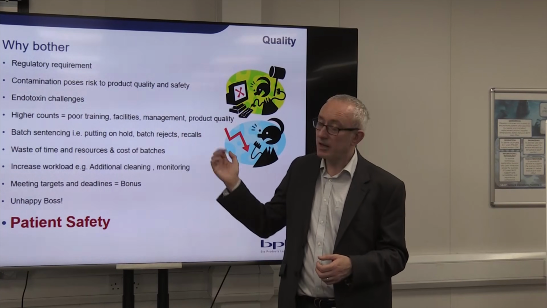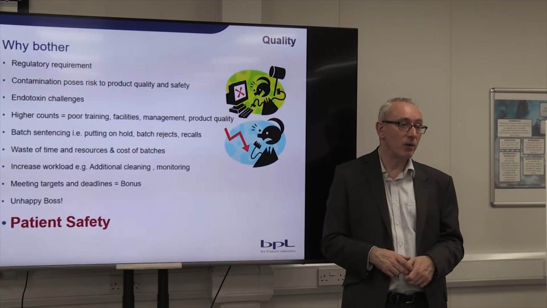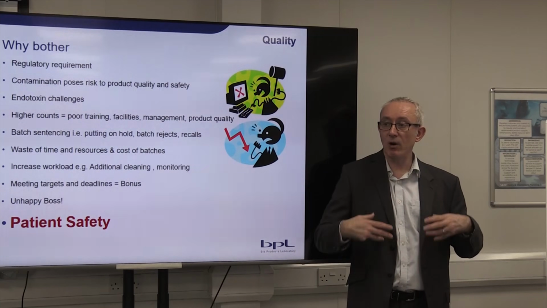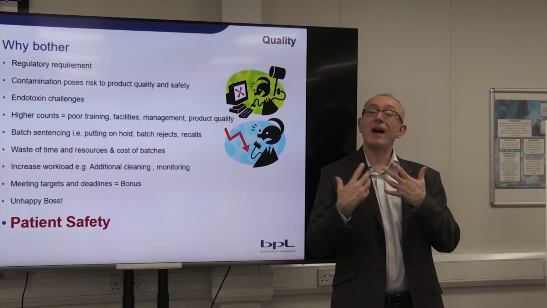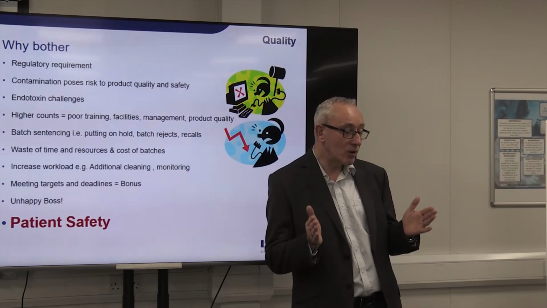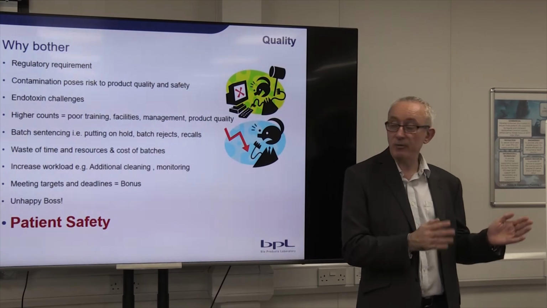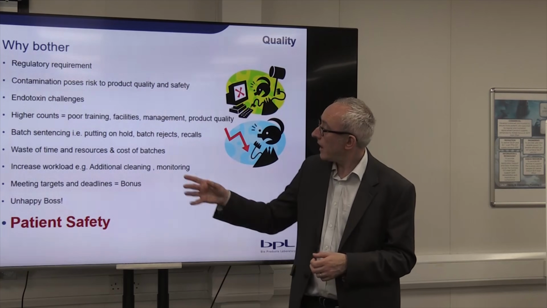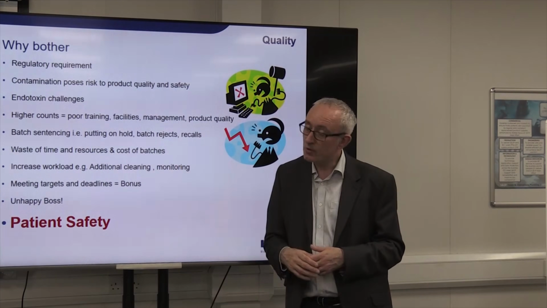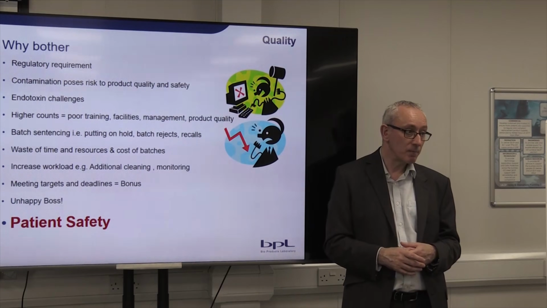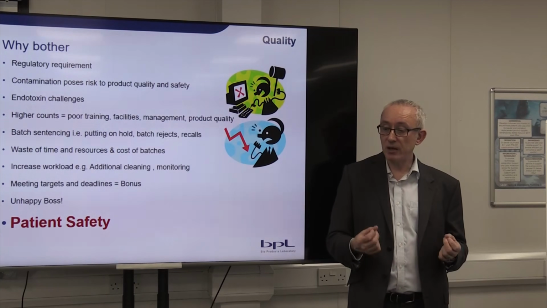We may not be able to release our batches on time because every contamination event requires investigation. Even if it's not a high risk, we've still got to have a look at that and do an assessment. And we may be wasting time, resources and overall costs if we don't do things properly.